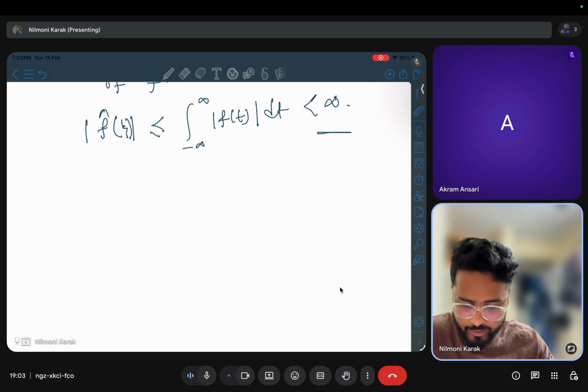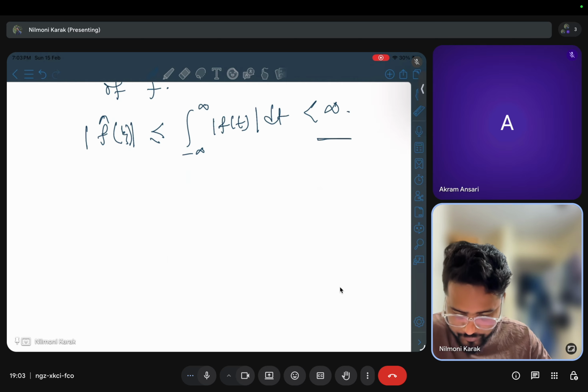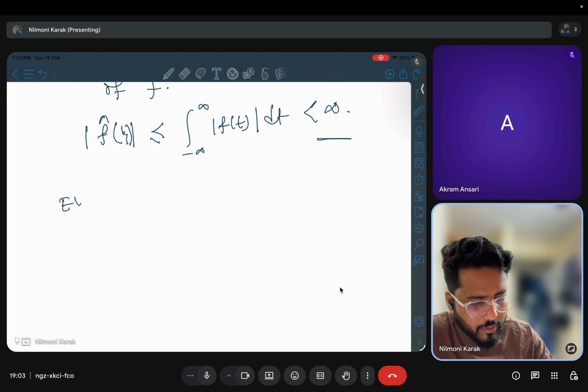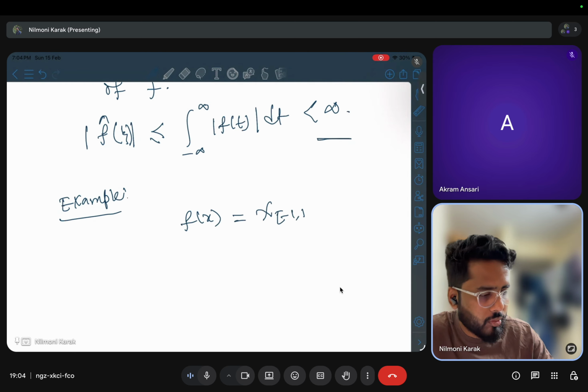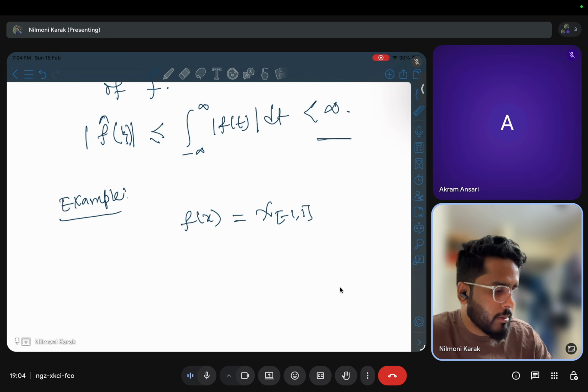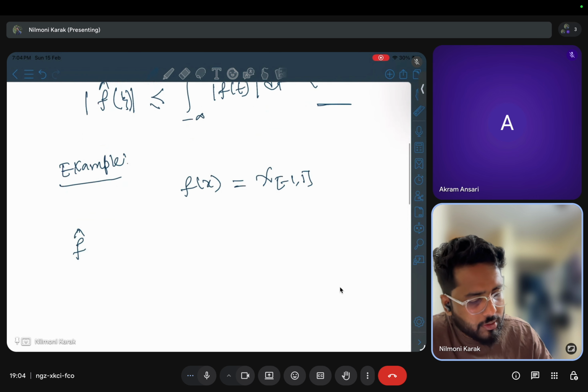Some examples are there. One easy example: if you take f(x) as the characteristic function on the interval minus 1 to 1, then what is the Fourier transform of this?